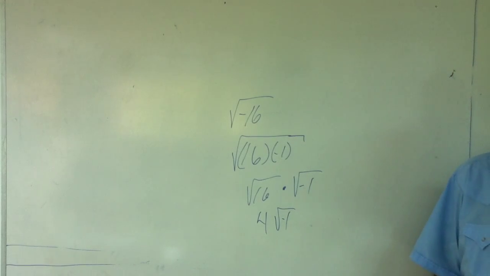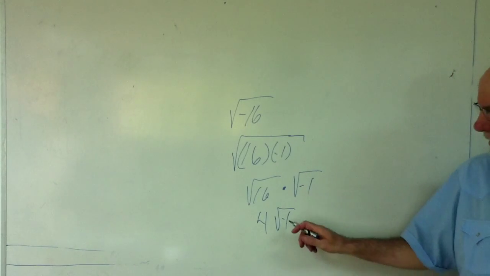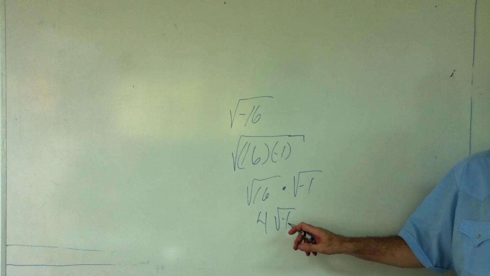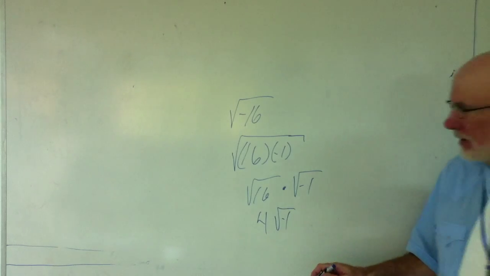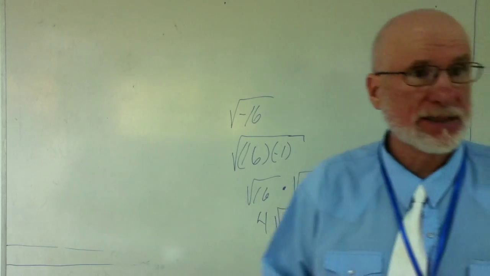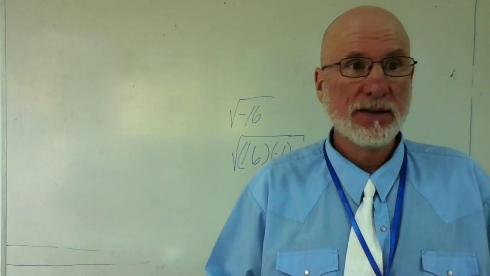Yes, of course I can. Now, can I find the square root of negative 1 in real numbers? No, I can't. So therefore we say it's undefined in real numbers.